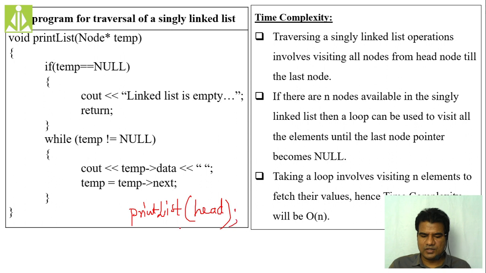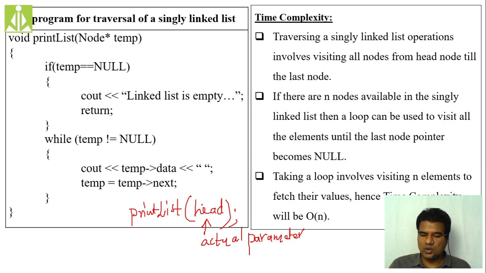This head is holding the first node's value. That value, when you are calling the function, is your actual parameter. Then this actual parameter's content we are copying into the formal parameter, that is into temp.